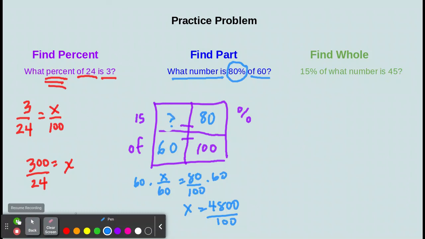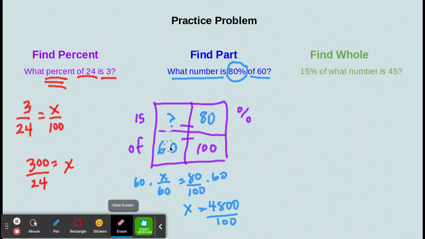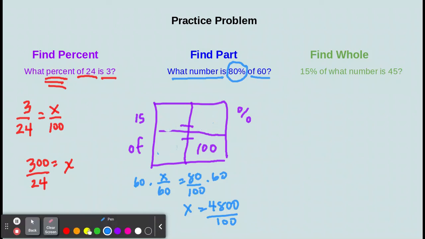All right, and then let me erase these again. All right, and the last one, 15% of what number is 45. 45 goes in the is box. We have a percent symbol that goes in the percent box, and of what number, that's our unknown. So then our equation becomes 45 over x equals 15 over 100.